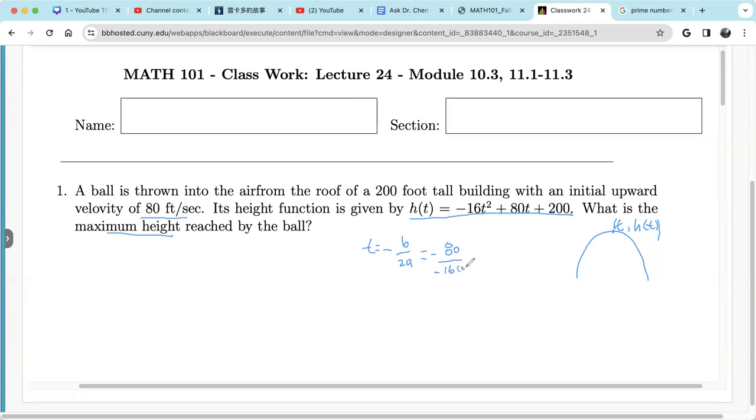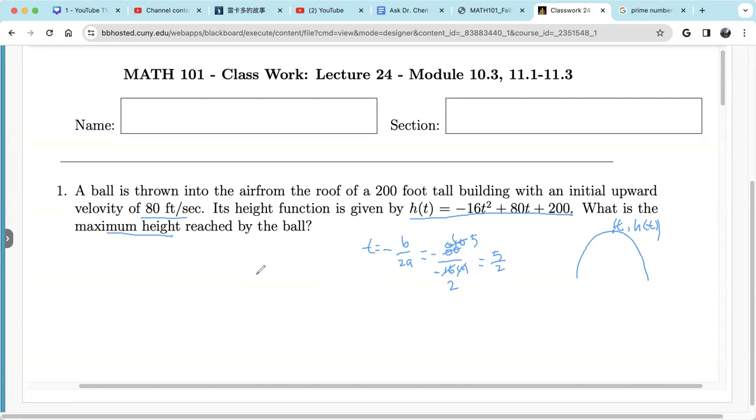So negative 80 over 2 times negative 16. Negative times negative becomes positive. 2 goes into 80 40 times, then 40 divided by 8 is 5, and 16 divided by 8 is 2. So I get 5 over 2. So t equals 5 over 2.